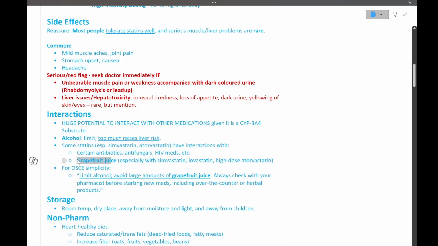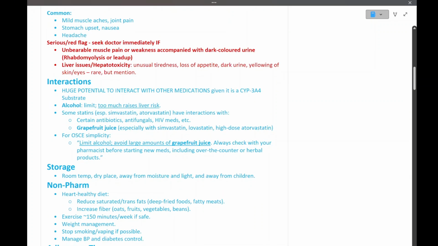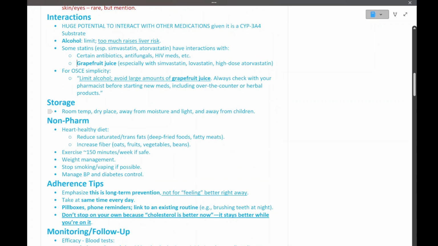The big two that we really want to be worried about are alcohol and grapefruit juice. So we want to limit alcohol and avoid large amounts of grapefruit juice, as these can increase the levels of statins or decrease the clearance of statins from the body, since the body clears statins mainly through the liver.